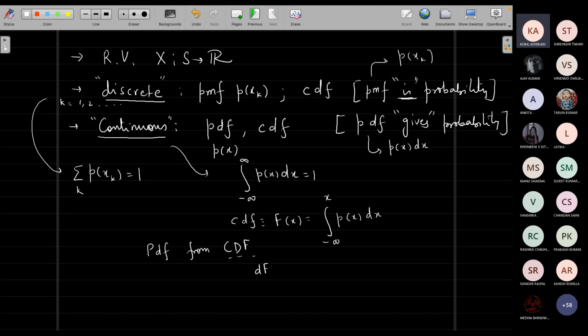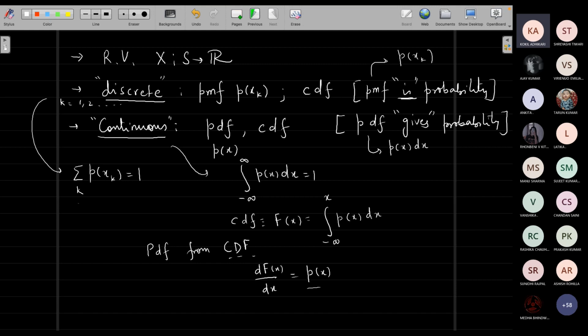So if you do d of F(x) over dx, this provides the probability density function. At times, if the cumulative distribution function is given, you may be asked to figure out the probability density function. It is rather simple, as long as the function is differentiable.